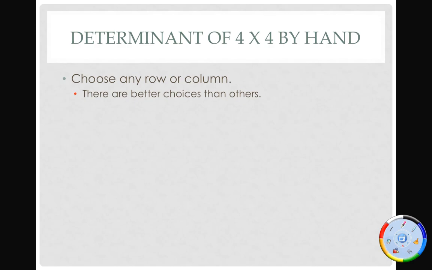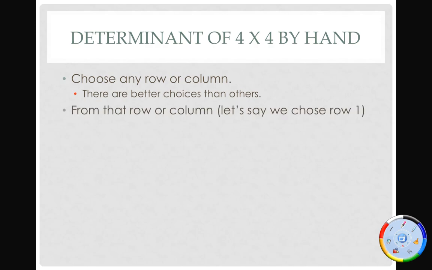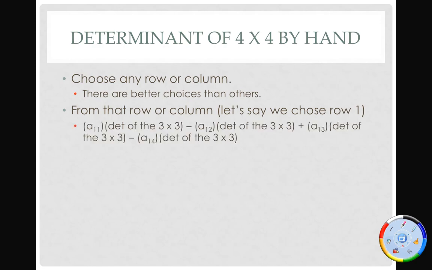Usually small numbers and zeros are nice to use, because zeros get rid of parts of your calculations. From that row or column, you do basically the same thing as for a 3x3. You take that first term and multiply it by the determinant of the leftover 3x3.